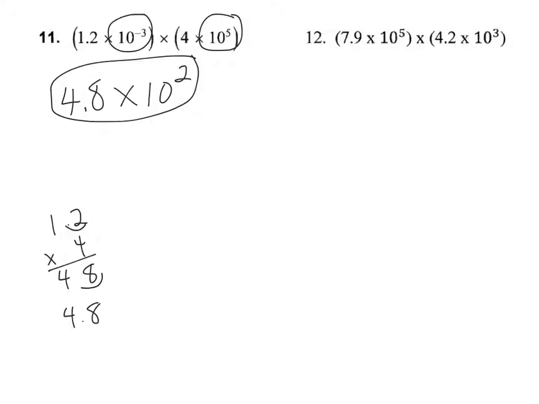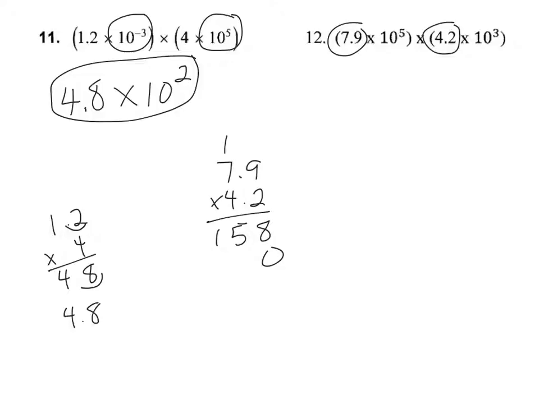Number 12, we're going to do the same thing. Here I have 7.9 times 4.2. So I'm going to just multiply these two front numbers. I would get 2 times 9 is 18. 2 times 7 is 14, plus 1 is 15. Put in a placeholder. 4 times 9 is 36. 4 times 7 is 28.